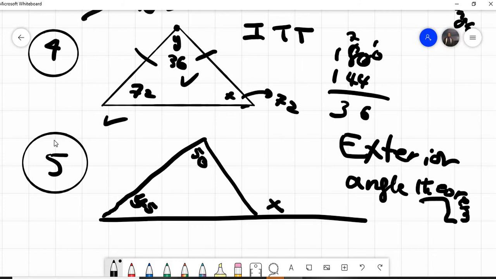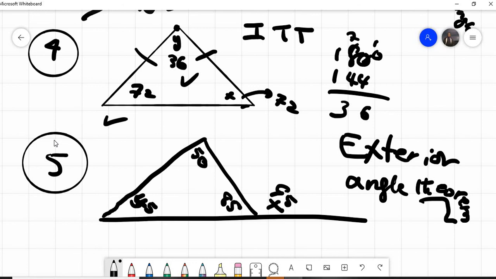So these two we added 95 and then we subtract from 180. So 180 minus 95, it's gonna be 85. So this one is gonna be 85. If this one is 85, this one must be 95, because 95 plus 85 is 180.